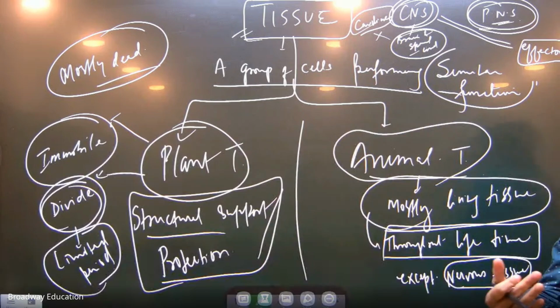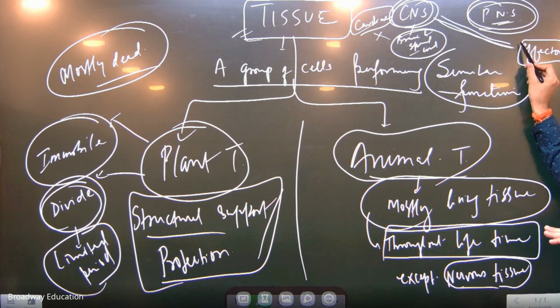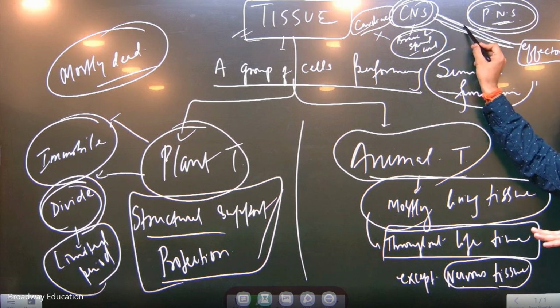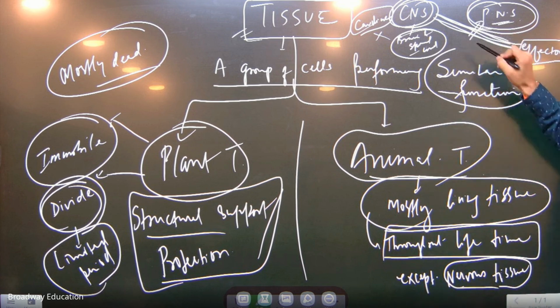And when we feel these things, the connecting neurons connect the CNS with the effector, like my hand will be the effector. I'll move my hand once I am in contact with some hot water or some hot substance. Getting my point? So my hand will be an effector. My legs will be an effector. My other body parts, my eyes will be effectors. So all these are part of the peripheral nervous system.